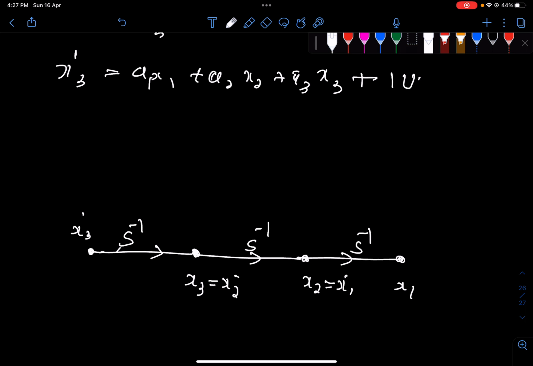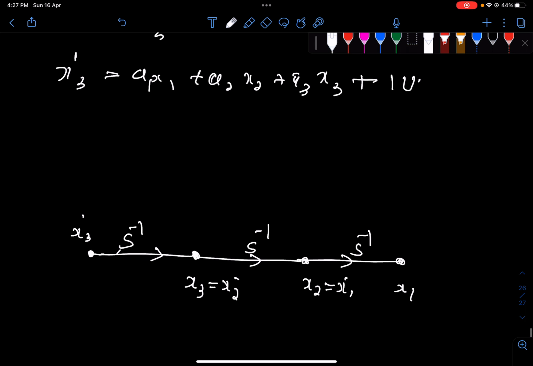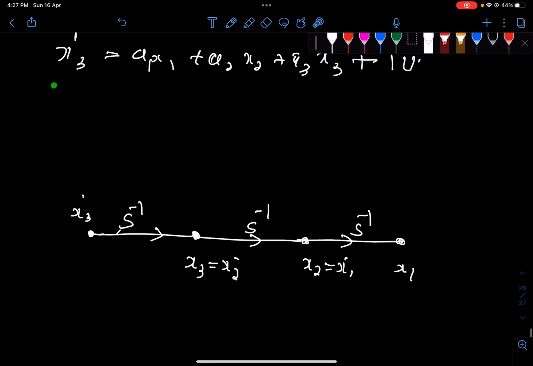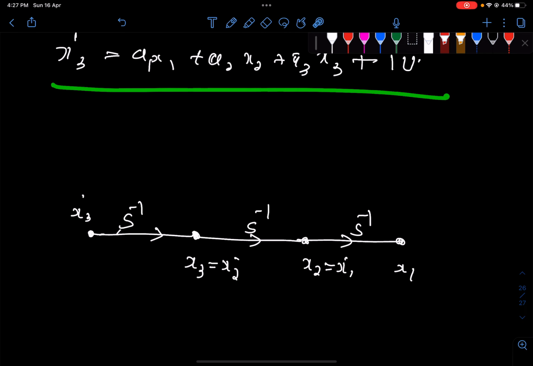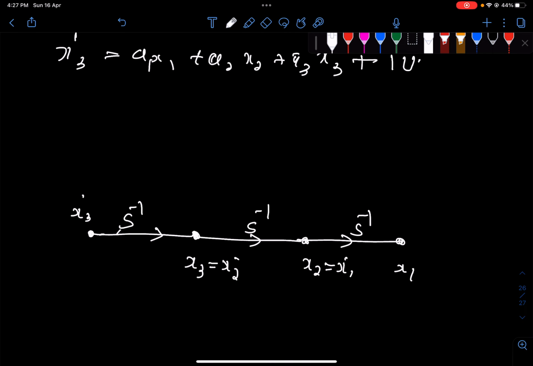So stop there. We know that x3 dot is equal to a1 x1 plus a2 x2 plus a3 x3 plus 1 times u. So for x3 dot we have a contribution from u as well as from x1, x2 and x3.